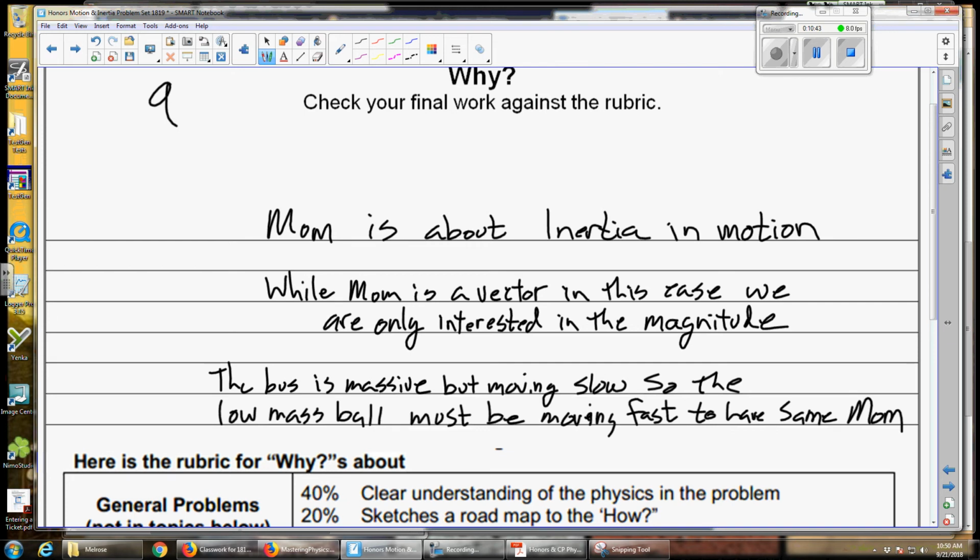So now I've tied it directly to this problem, and I've really shown I understand what's going on, beyond just I can throw it into an equation.